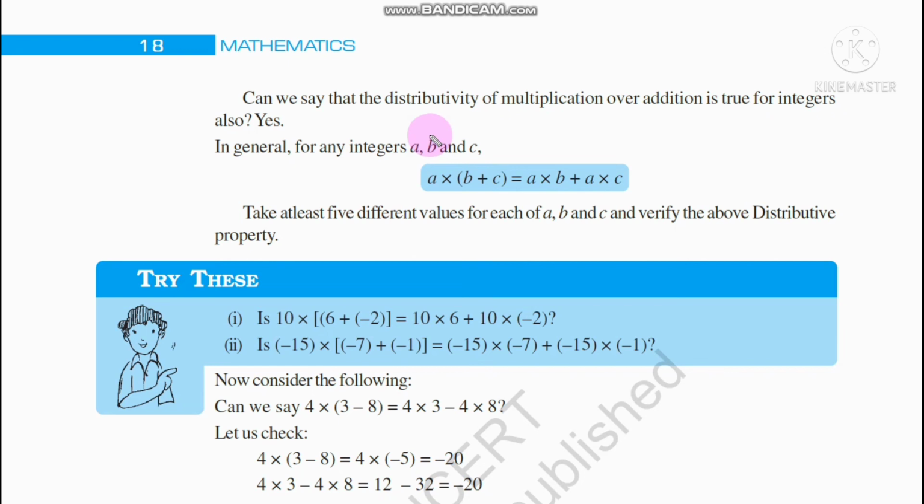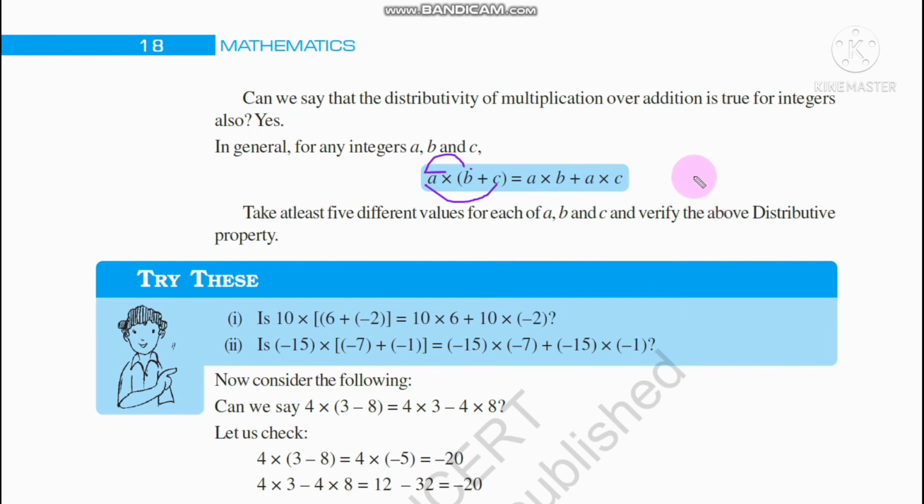So by this we can say that in general, for any 3 integers, that is A, B and C, A into (B plus C) is equal to A into B plus A into C. So here we are distributing A to B and C. So take at least 5 different values for each of A, B and C and verify the above.